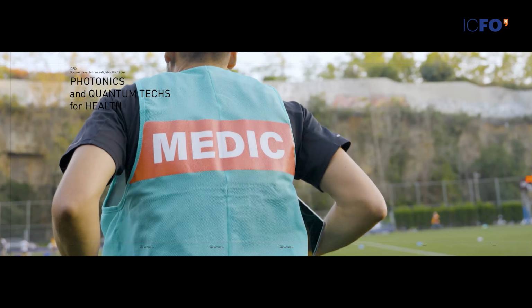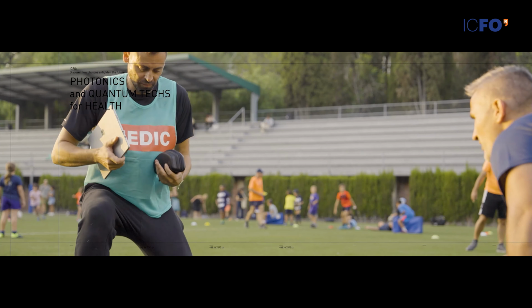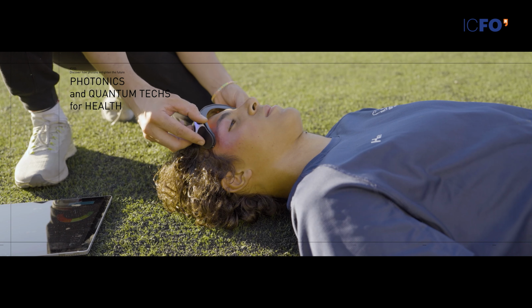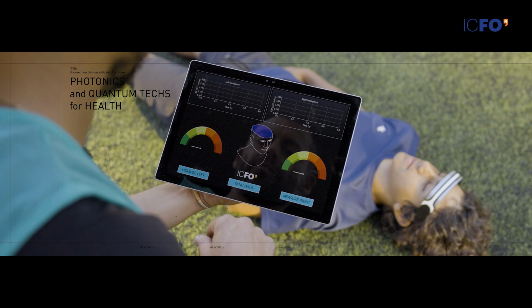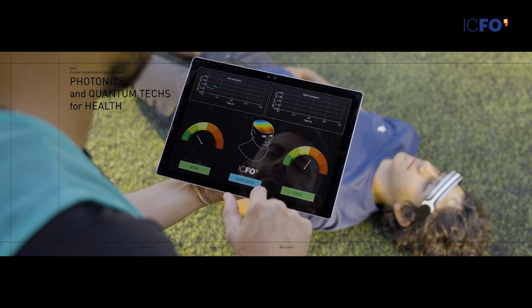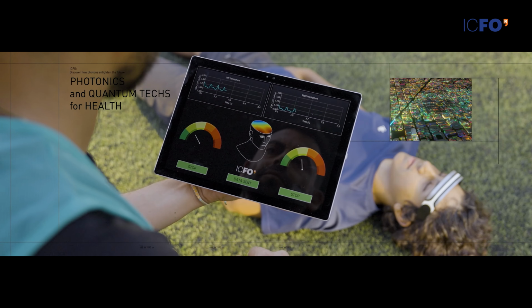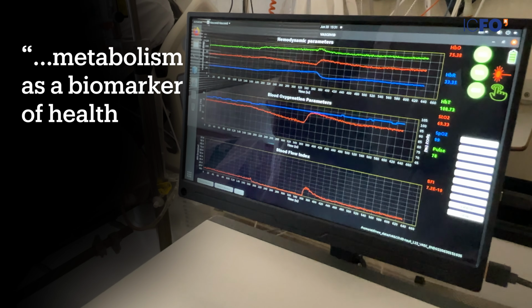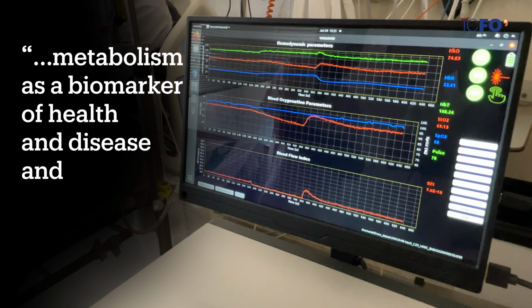It's not only related to understanding how to improve the training of a sports person, but also it can be used to look at injury recovery. It can be used at the vascular diseases of the muscles, an elderly person losing muscles, and etc. To all of these cases to look into the metabolism as a biomarker of health and disease and development.